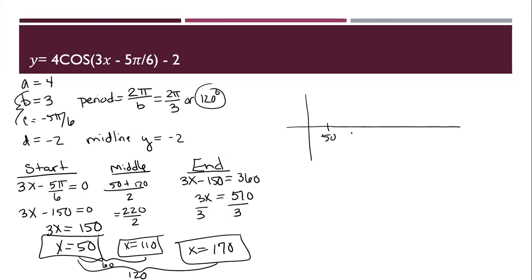So we're going to start at 50, end at 170, with the middle at 110, and a new midline at negative 2.